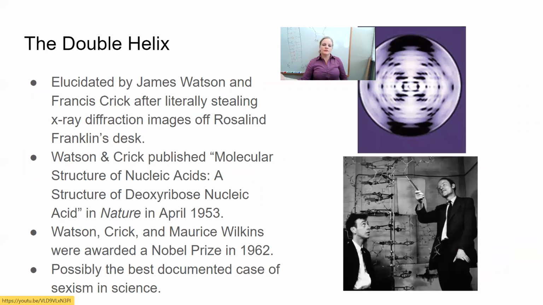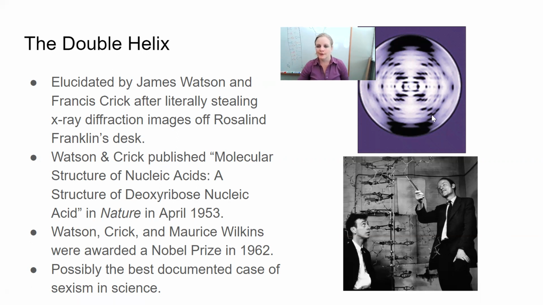Okay, so what happened was that James Watson and Francis Crick literally stole off of Rosalind Franklin's desk these X-ray images that showed that DNA forms a double helix. Franklin's data showed that no, it can't be a triple helix, it has to be a double helix.